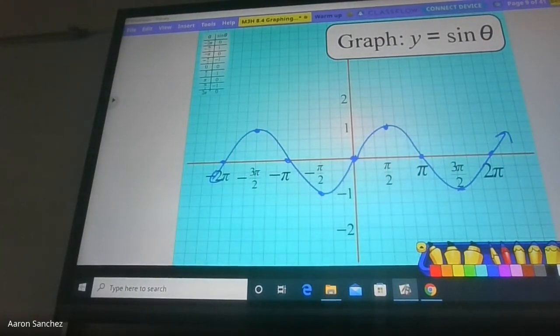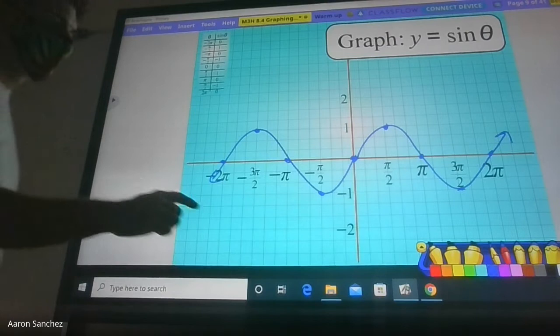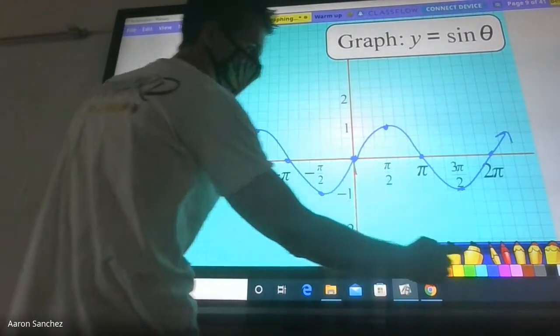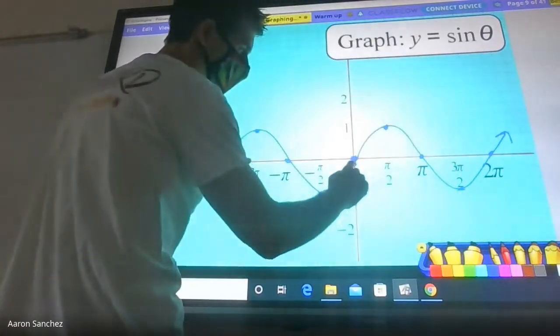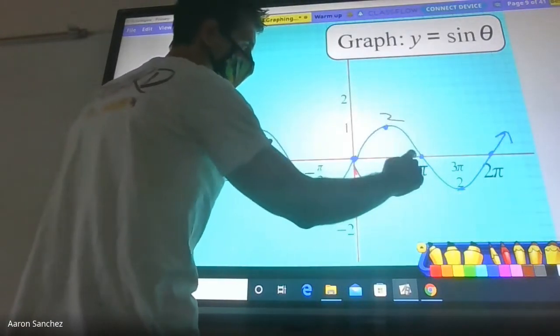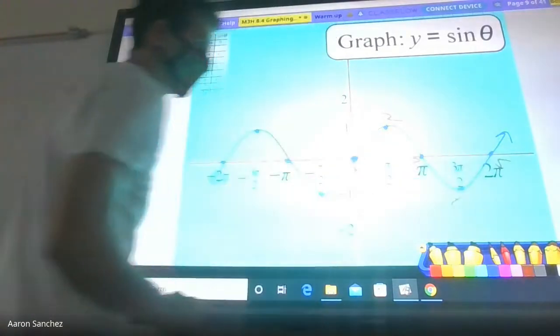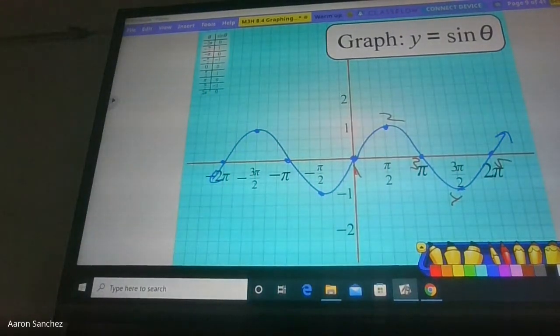Each pattern has 5 key points, okay? Notice the key points. Point 1, point 2, point 3, point 4, point 5. See my 5 key points? Then I do the other pattern.